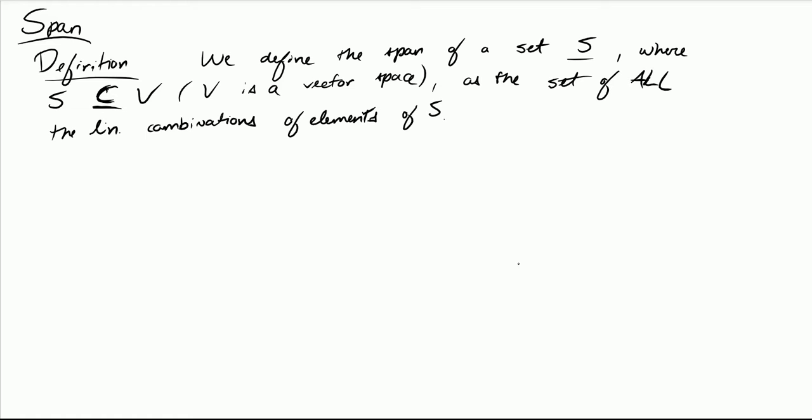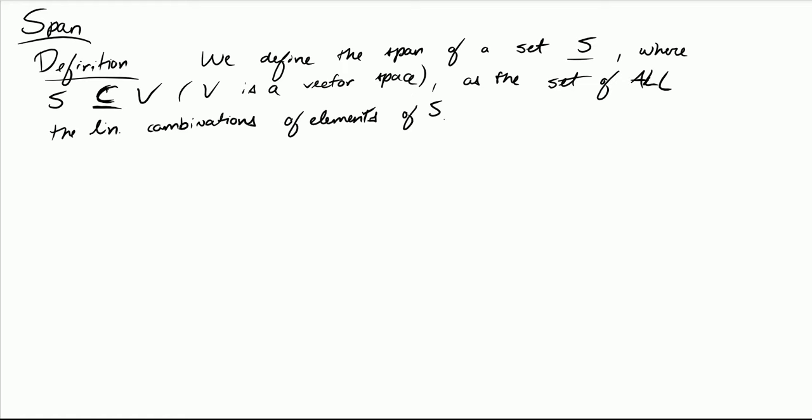So we've seen in previous videos that we can express a vector in terms of different vectors, and that makes it a linear combination of those vectors. Span is a more general definition. It's a broader statement of linear combinations.